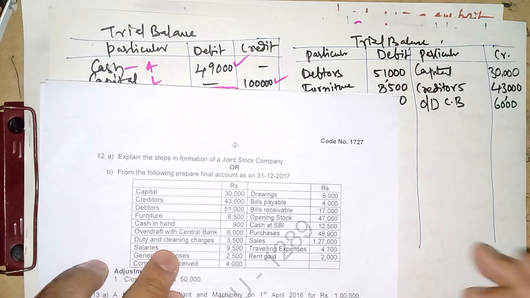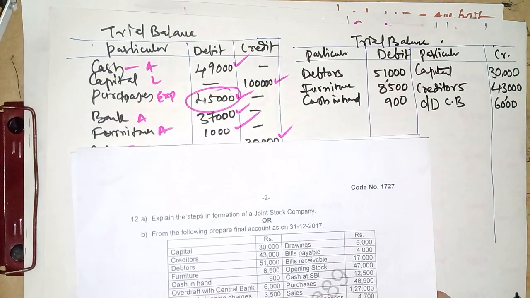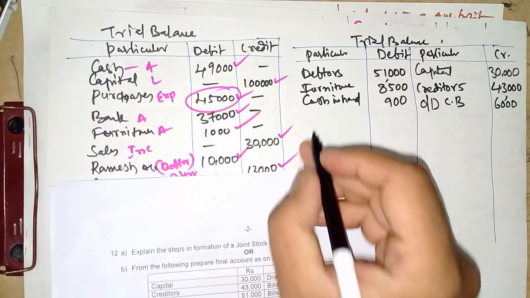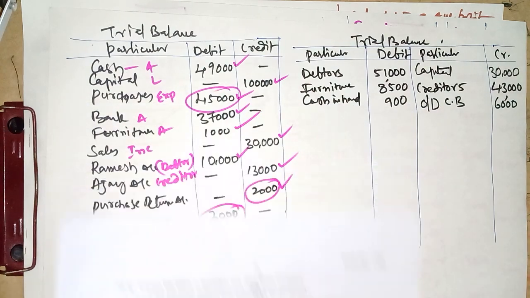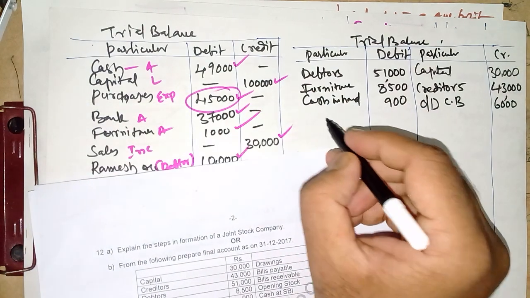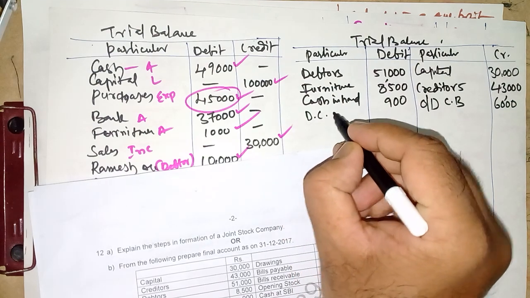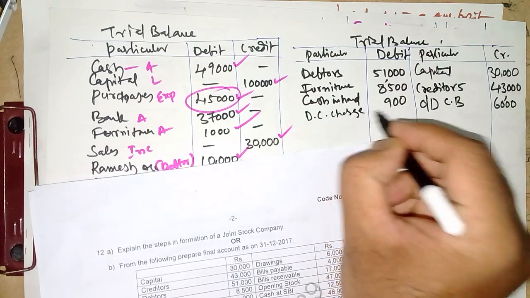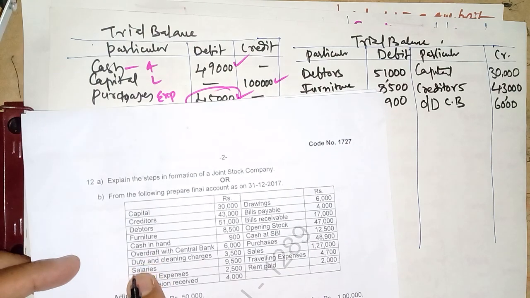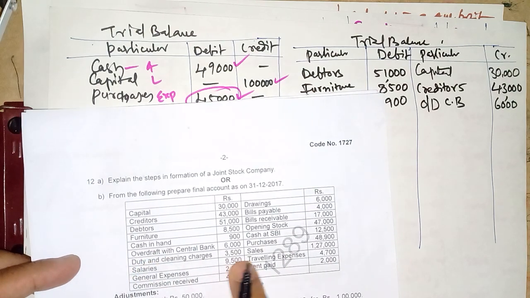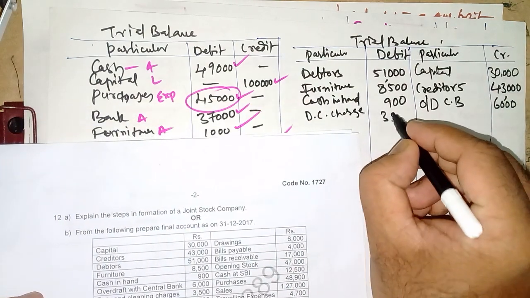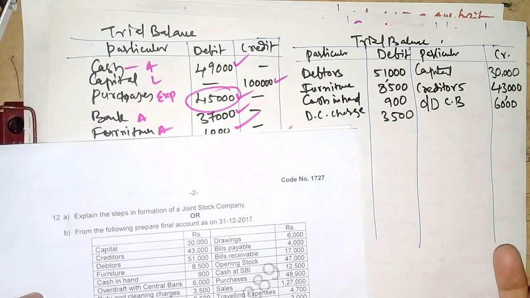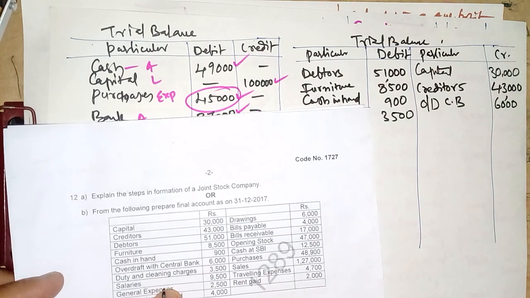Then duty and clearing charges. It is an expenditure incurred for the firm. Expenditure shows which balance? Debit balance. So duty and clearing charges, 3,500. Then salaries.